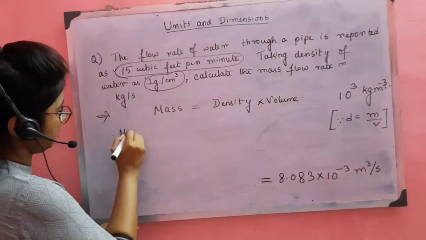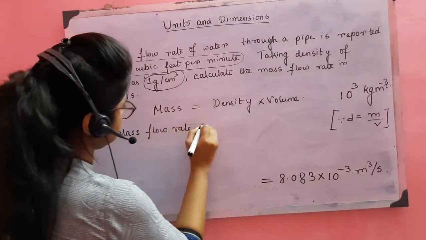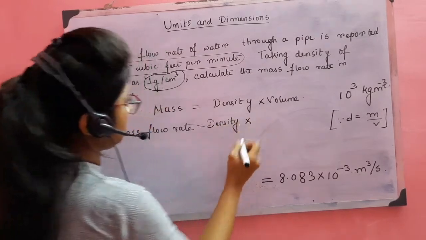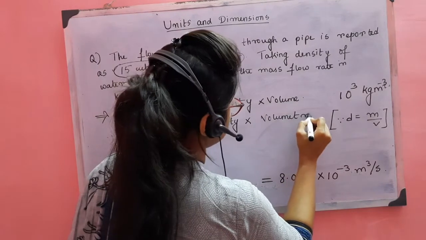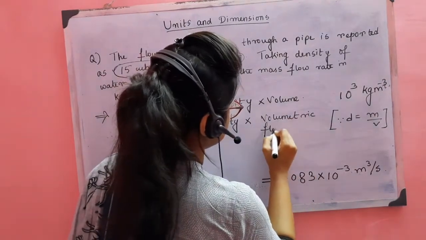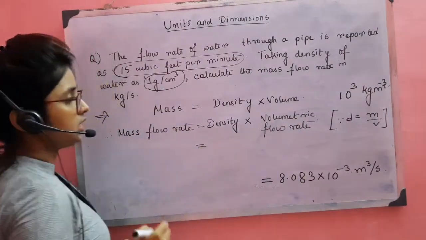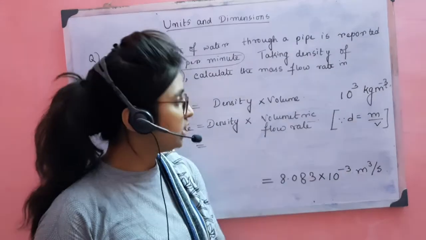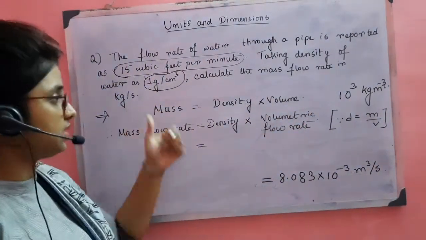Therefore, mass flow rate is equal to density into volumetric flow rate. These were my calculated values. I had converted this already into kg since they had asked me to find this mass flow rate in kg per second.